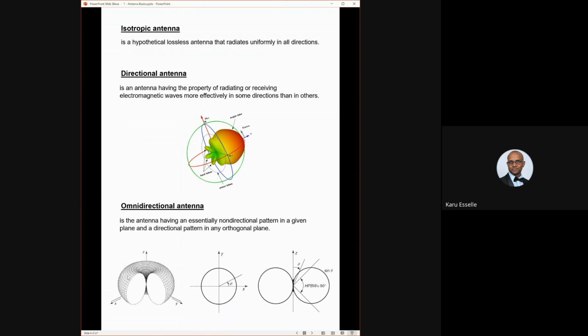But if you take a pattern cut on another plane, for example the YZ plane or XZ plane, and cut this donut in those planes, you get something like this. So it is not omnidirectional on that plane. But they are useful because, for example, think about a transmitting antenna for television, a television tower. The tower antenna doesn't need to transmit upwards.